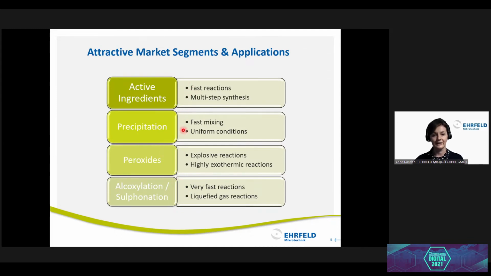We have highly exothermic reactions, we can handle explosive reactions. So we made a short assessment of the market segments, and interesting are active ingredients, precipitation, peroxide, ethoxylation and sulfonation. So these are for us the attractive market segments, but of course there are a lot of others. But in this presentation, anyway, we'll focus a bit on this reaction type, on ethoxylation.